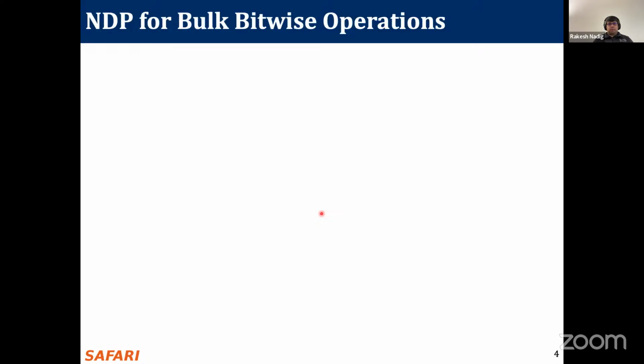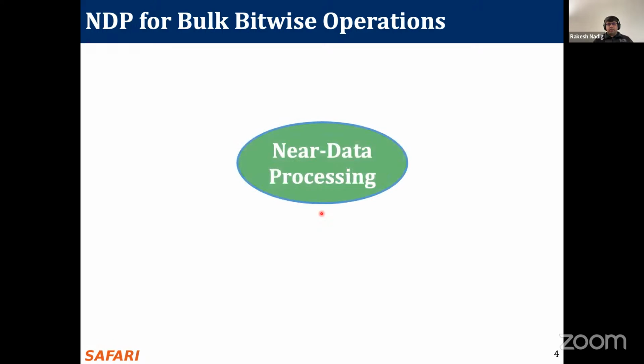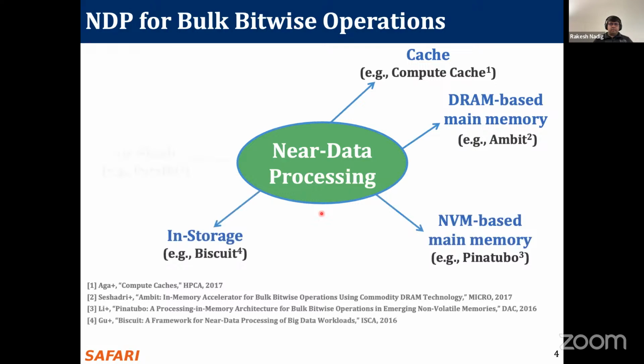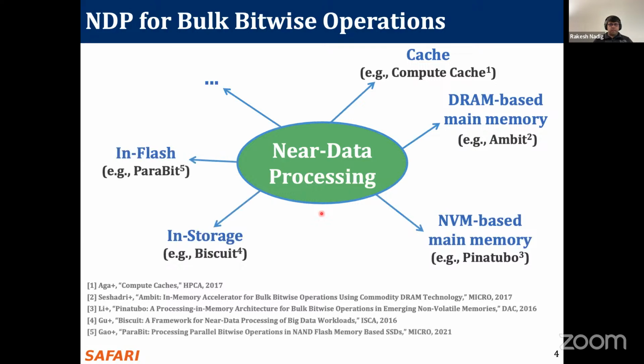Now, there is this paradigm of performing computation where the data resides, or near data processing. And there have been several works proposed to perform NDP for bulk bitwise operations. At the cache hierarchy, we have Compute Cache, Ambit near DRAM, and Pinatubo for NVM.